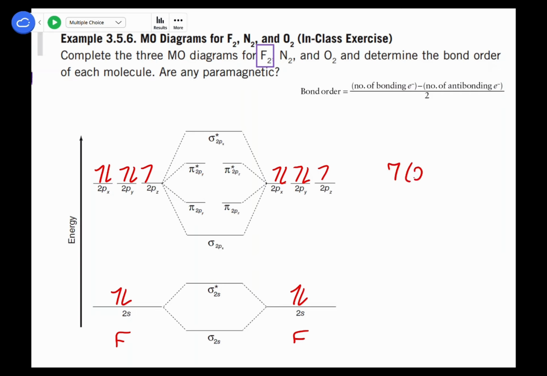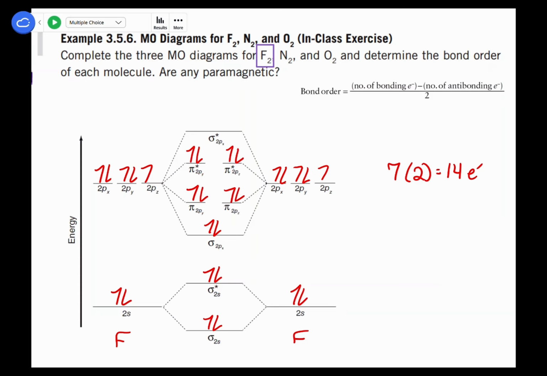That tells me I have 7 times 2, which is 14 electrons to place in my molecular orbital diagram. I'm going to count to 14, starting with the lowest energy molecular orbital. 1, 2, 3, 4, 5, 6, 7, 8. Notice that I have singly filled these orbitals. They're degenerate. I've lost count. 2, 4, 6, 7, 8, 9, 10, 11, 12, 13, 14.